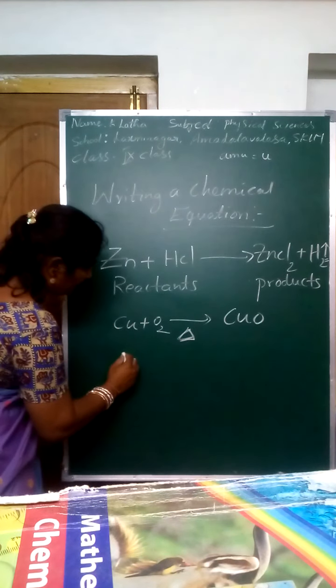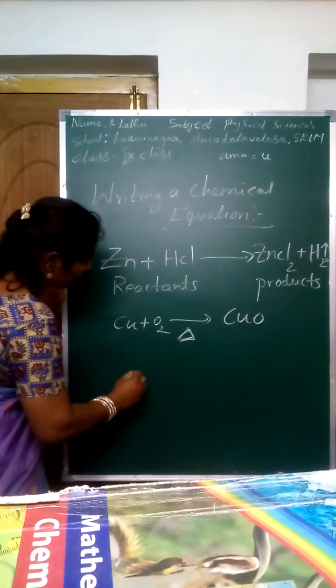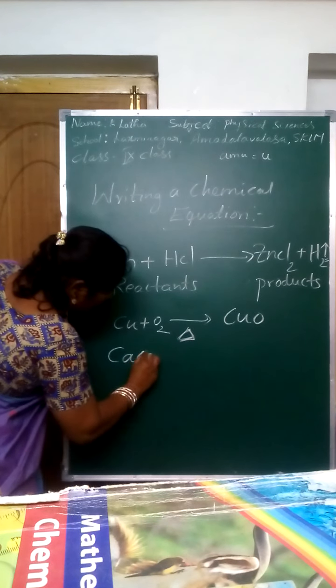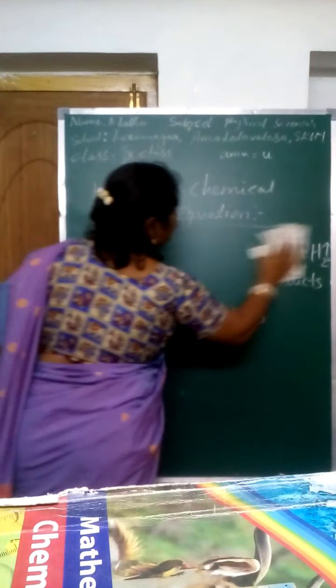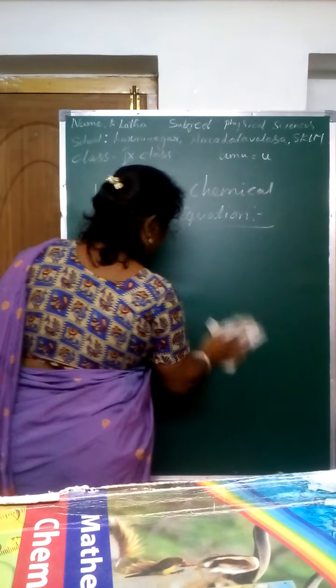And some reactions release heat energy. One example is CaO. I will write another reaction here, so the reactants and products also change. CaO is quick lime.